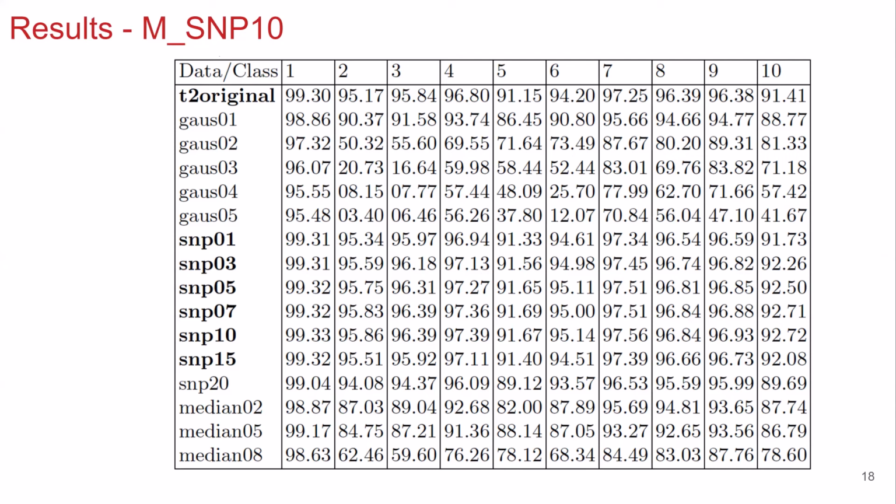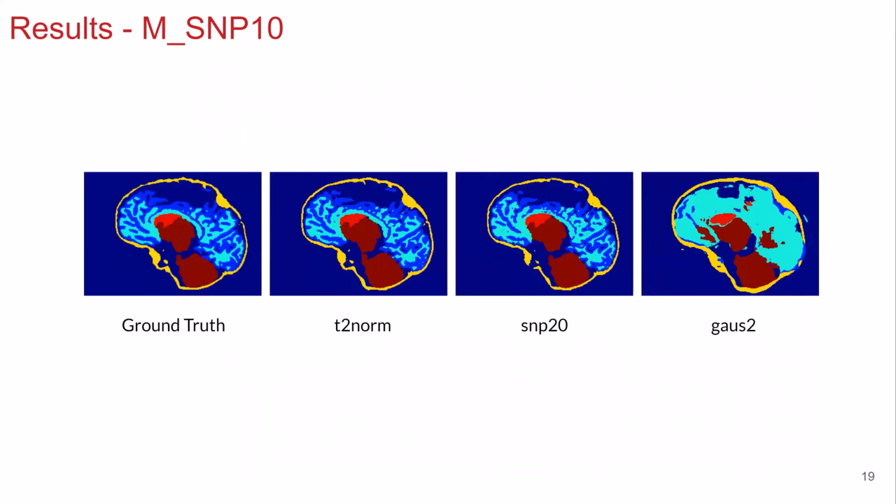Although not all classes have reached 0.9 in all test sets, the model shows really good results in median 2 and Gauss 1 images where the transformation is light. And these are some predicted segmentation labels from the model as well as the ground truth image. We can see that the model shows a good performance on a highly corrupted SMP image, but performs considerably poorly on data corrupted by Gaussian filtering.